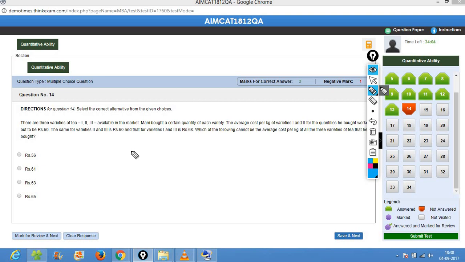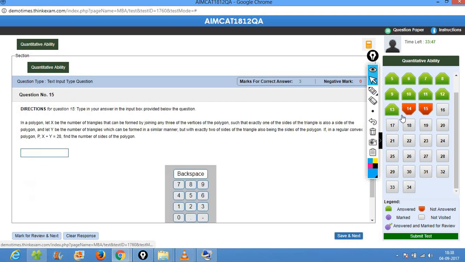One way is to take the ratio, always the cost price per kg. We'll see in the second round. I think I'm not getting an idea. Okay, next part.